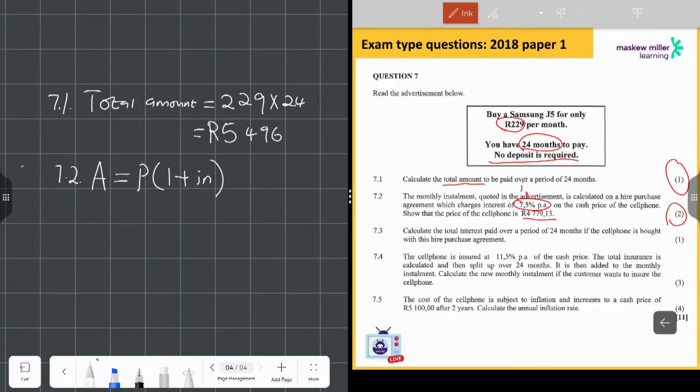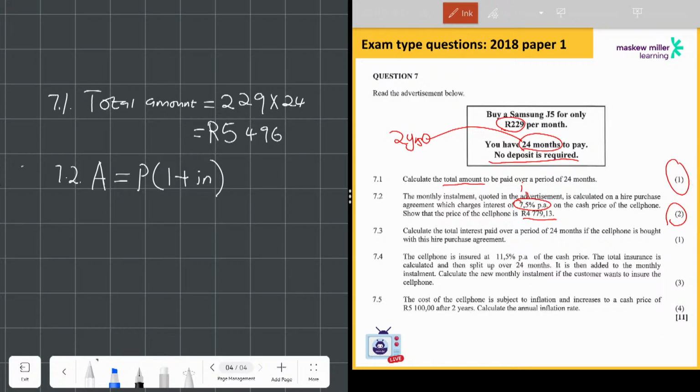And then also the n value is not going to use 24 months, rather it's going to use 2 years, because 24 months makes 2 years. So what are we looking for? You can see that we have 4,779 and 13 cents. What is that?